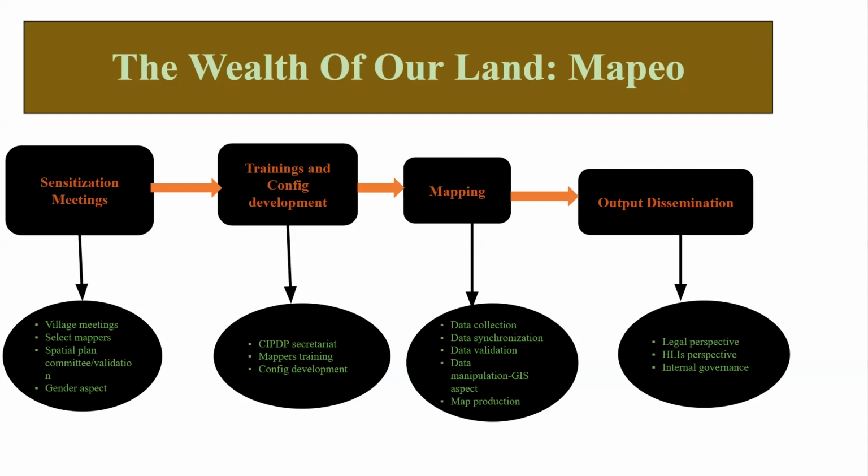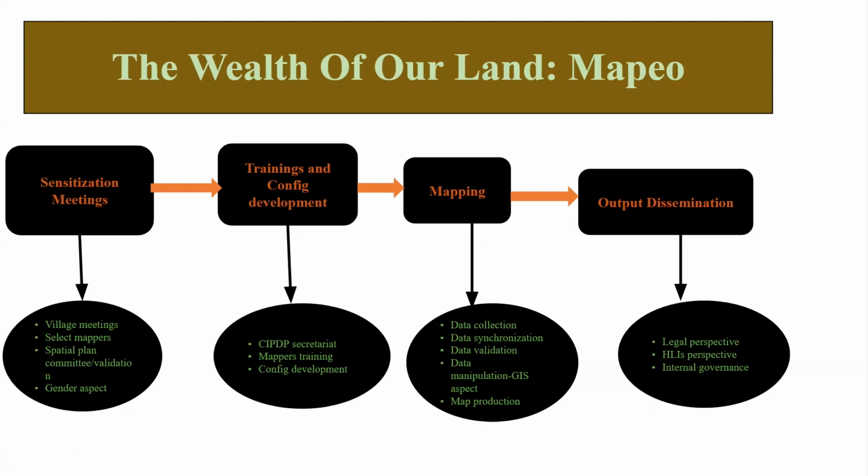So we did the mapping, and the mappers collected over 5,000 points, and these points were the ones to be manipulated. The technology that was used here is GIS technology, and several maps were produced based on the needs. We wanted maps to serve as advocacy tools at courts.